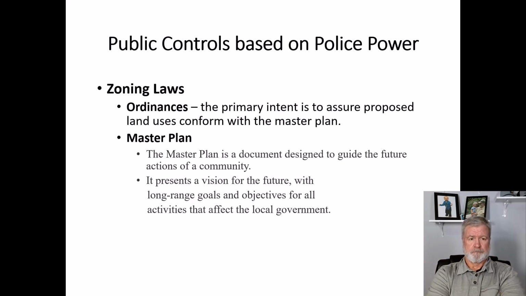Okay? So let's talk more about what this master plan is. It says it's a document designed to guide the future actions of the community, and it presents a vision for the future with long-range goals and objectives for activities that affect the local government.